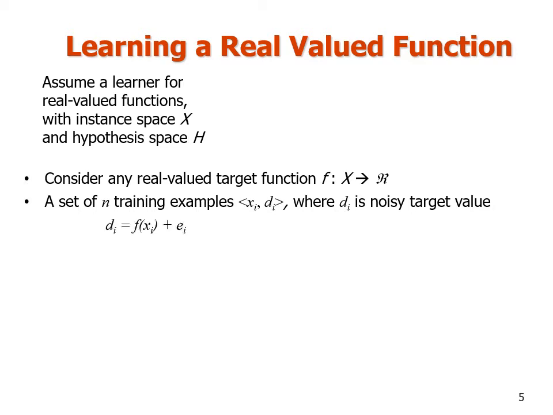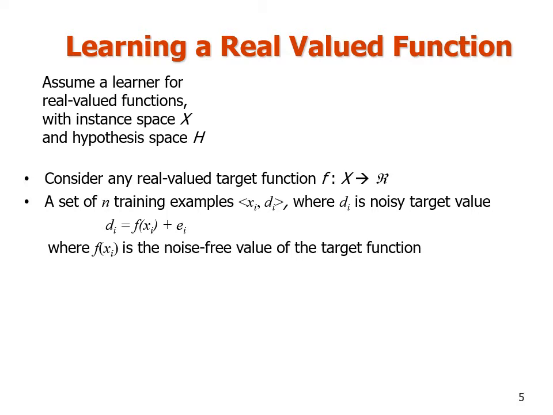This di can be written as di equal to f of xi plus ei, where f of xi is the noise free value of the target function.